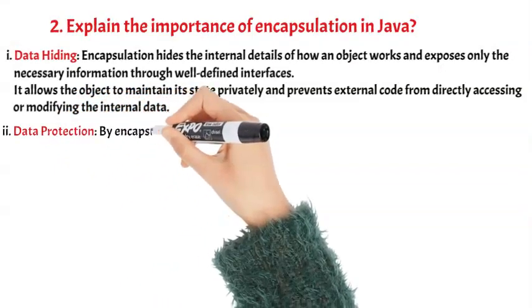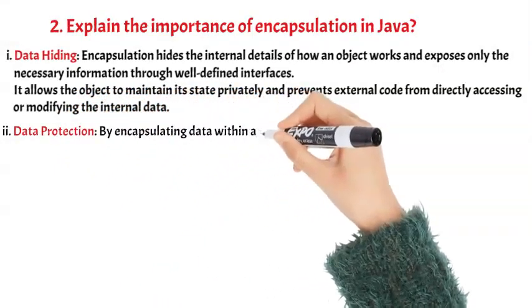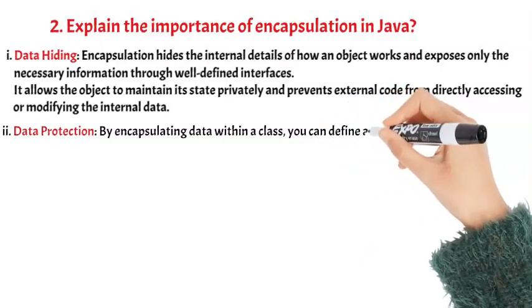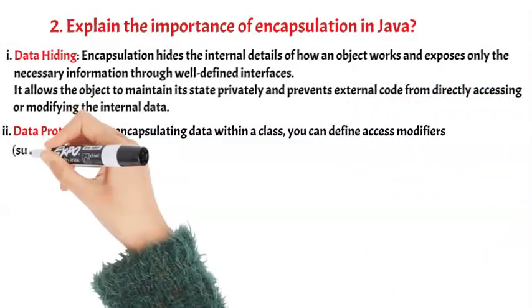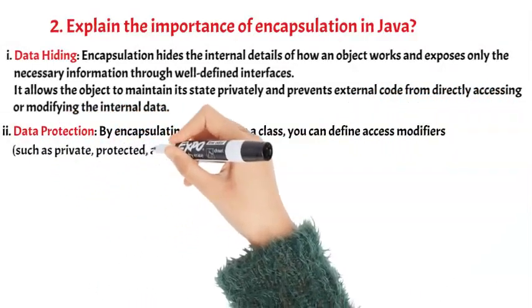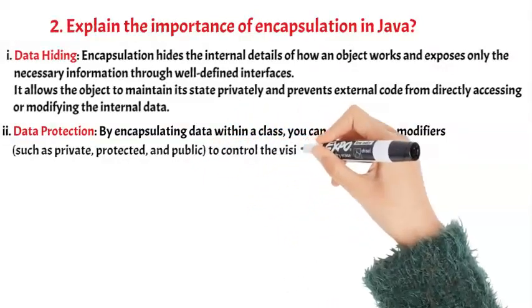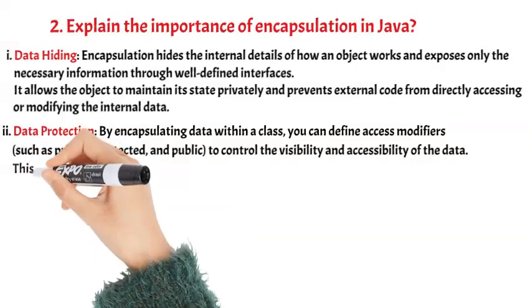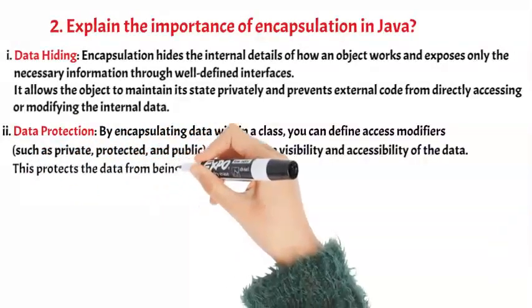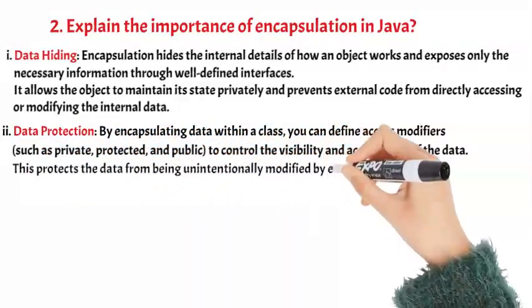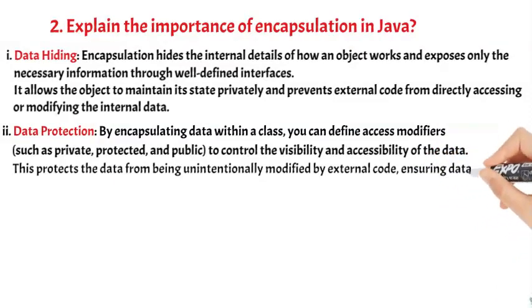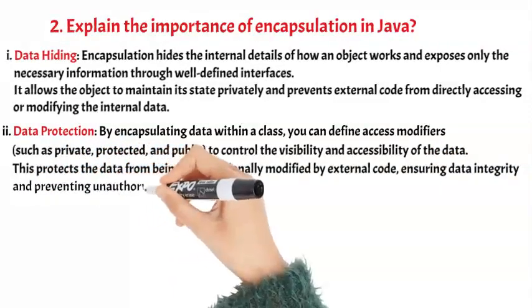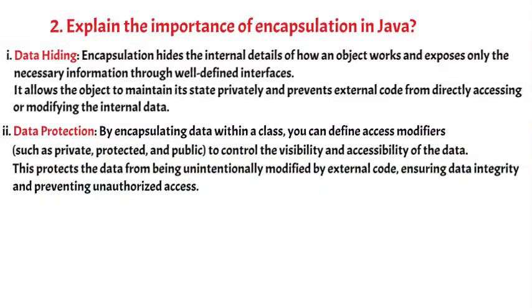Data protection. By encapsulating data within a class, you can define access modifiers such as private, protected, and public to control the visibility and accessibility of the data. This protects the data from being unintentionally modified by external code, ensuring data integrity and preventing unauthorized access.